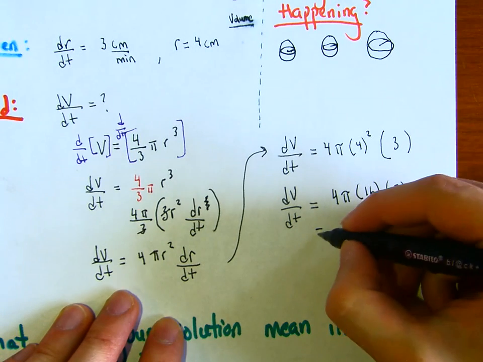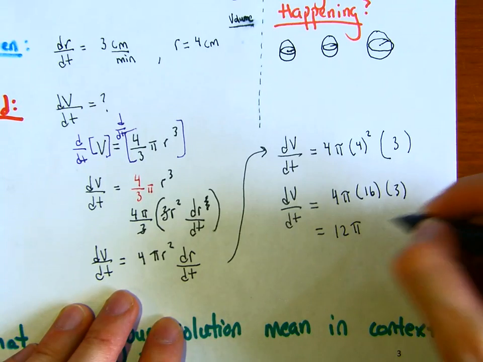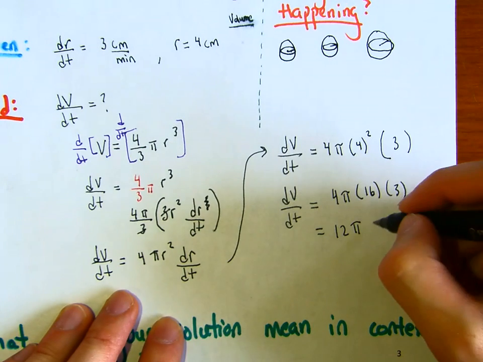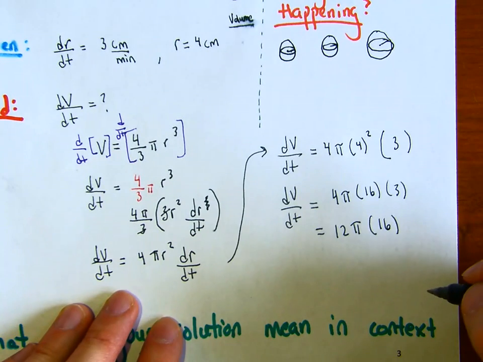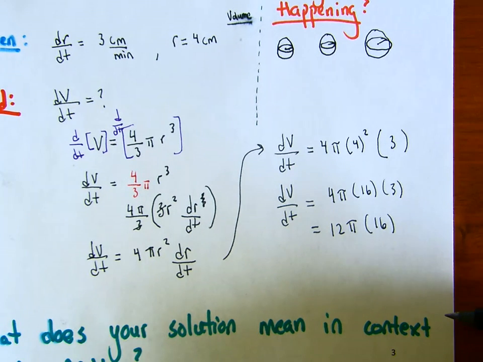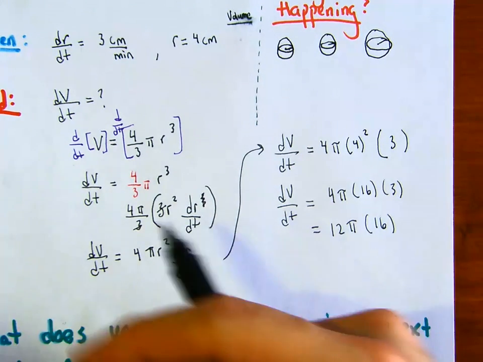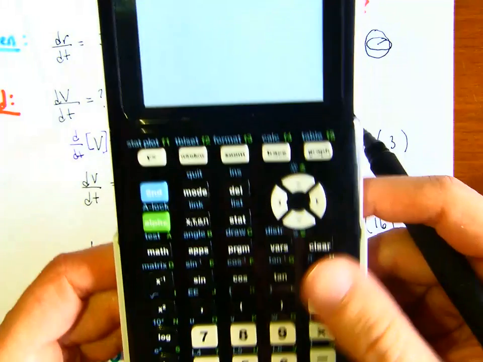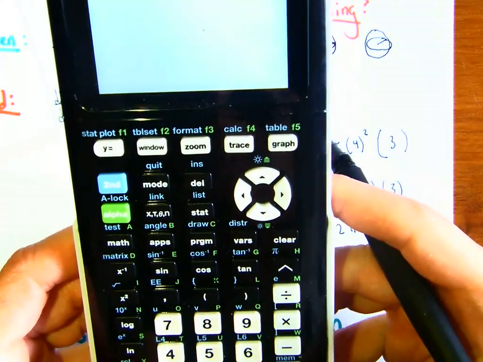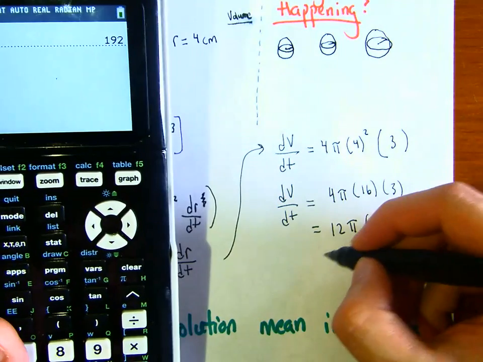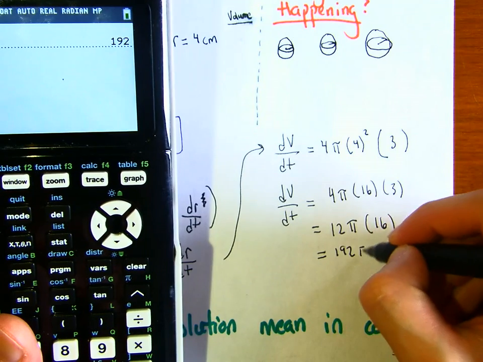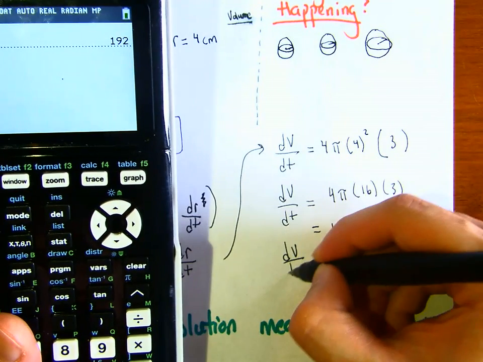But that's the same as 12 pi, because I'm just doing the 4 pi times the 3 times 16. What's 12 times 16? Oh crap, what is 12 times 16? I didn't have my coffee today. All right, 12 times 16. I bet some of you are doing it in your head, but this is 192 pi. So that is dV/dt.